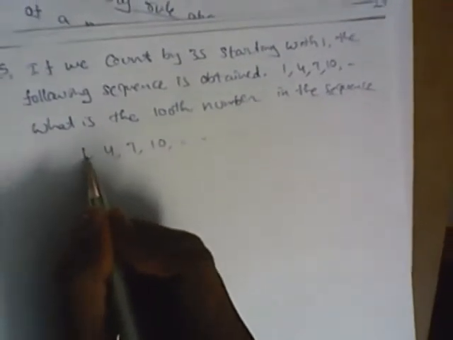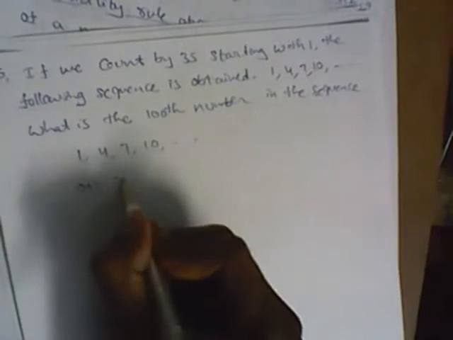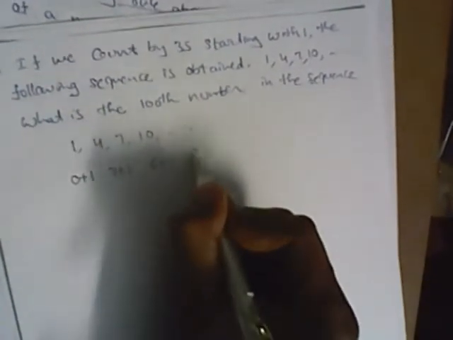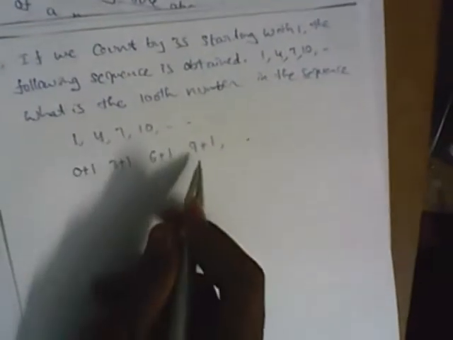1 can be written as 0 plus 1. 4 can be written as 3 plus 1. 7 can be written as 6 plus 1. 10 can be written as 9 plus 1. Why am I writing like this? Because 0, 3, 6, 9, all these are multiples of 3.